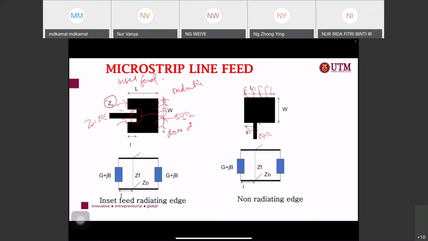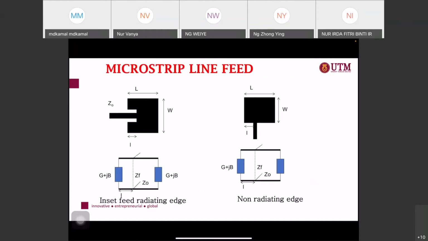We also can feed this antenna at the non-radiating edge here. So here is a non-radiating edge. As you can see, this is L, and the radiating edge comes from there, right? The first picture shows that you are matched towards the radiating edge.